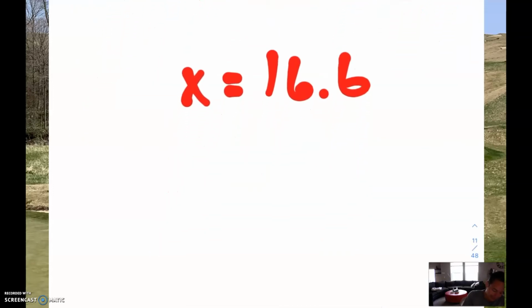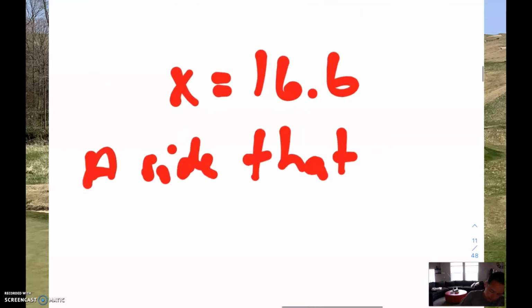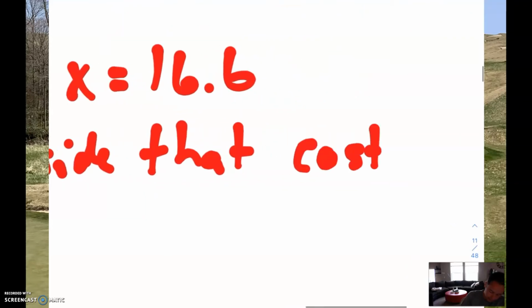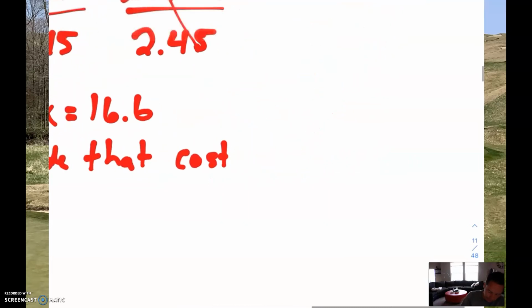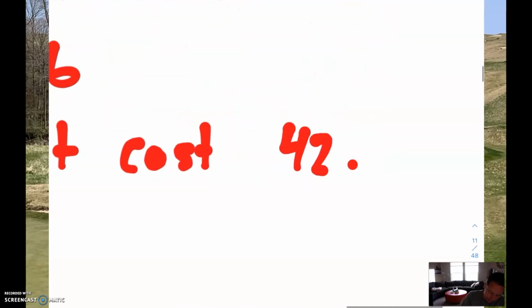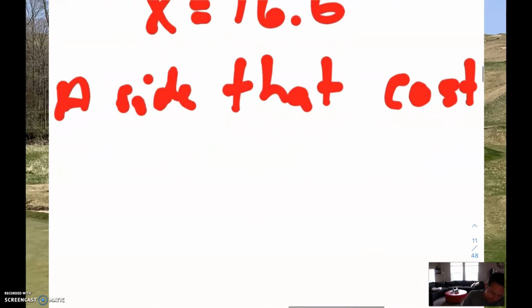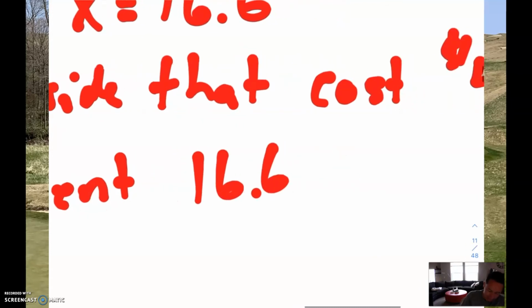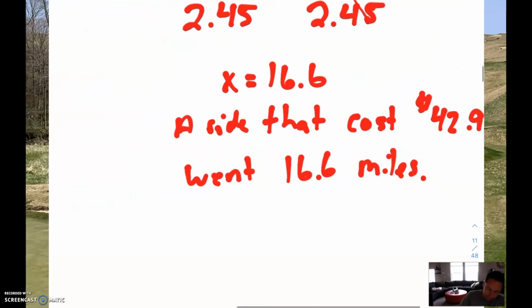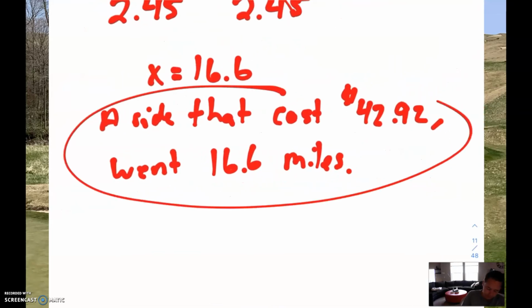So we would say a ride that cost $42.92, an expensive ride, went 16.6 miles. And that's how you interpret that one.